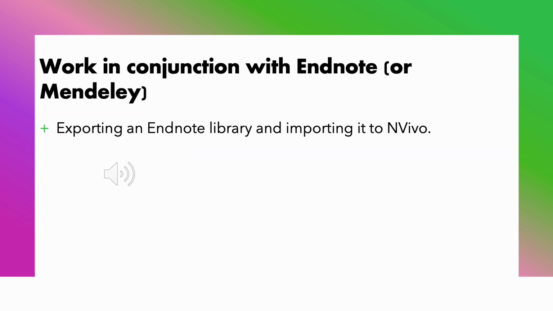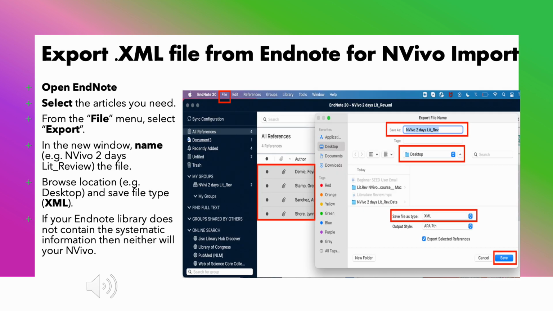Working in conjunction with EndNote or Mendeley, we assume that we are using EndNote Reference Manager because the University of Manchester supports EndNote, and there are many training courses in the library as well on how to use EndNote.